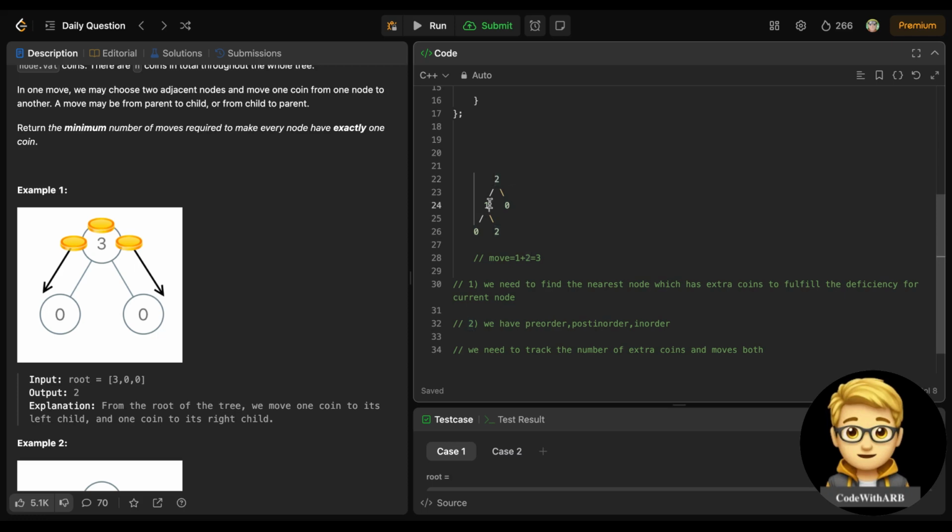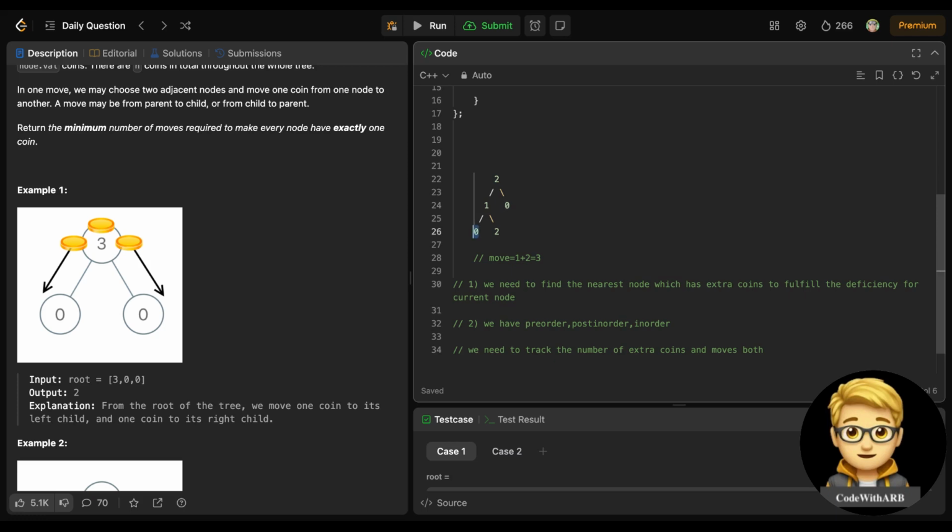If I start traversing from the root, I will go to its left and check whether it has a requirement or not. This root will again check its children, whether they have requirements or not. So we are moving in the left direction. This 0 will tell that I have a requirement of one coin.